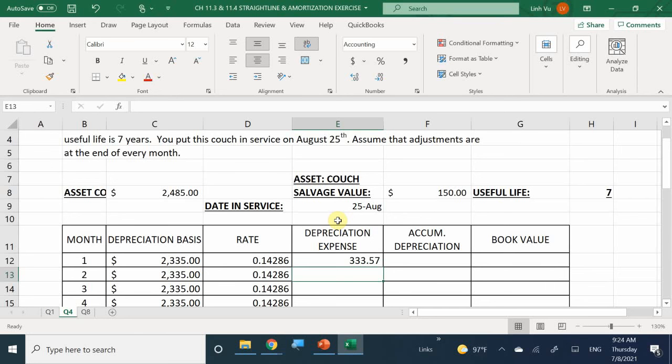So you guys are solving for partial years. What did I ask you to solve for the depreciation expense for? I didn't get the question. What did I ask you guys to solve the depreciation expense for?